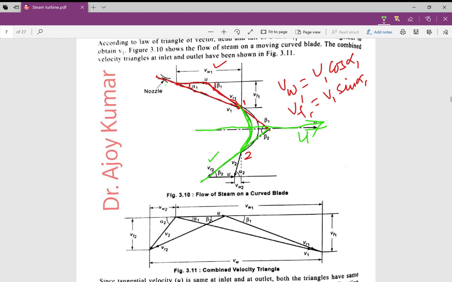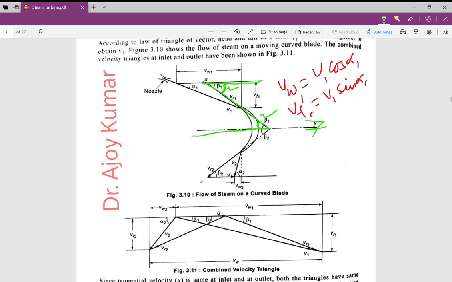Look at it with the concept of velocity triangle geometry. Look at here, this line and this one, this angle should be equal to this angle, so written beta 1, beta 1, right?